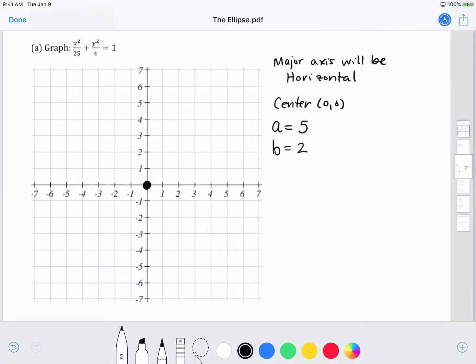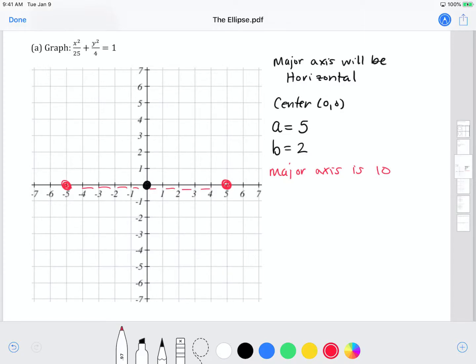So I'm going to come out 1, 2, 3, 4, 5. Here's one vertice. 1, 2, 3, 4, 5. There's the other vertice. So the length of my major axis is 10, the total length from vertice to vertice.